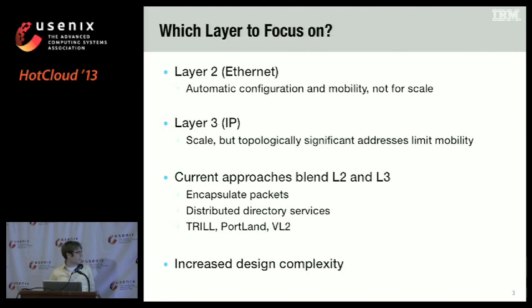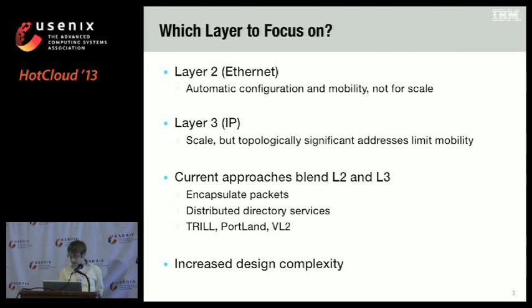There are a number of approaches, and I listed a couple here: TRILL, PortLand, VL2, that have this flavor of blending layer 2 and layer 3. Of course, the downside of blending these two is that there's no longer a clear separation between the two layers, and this leads to increased design complexity.